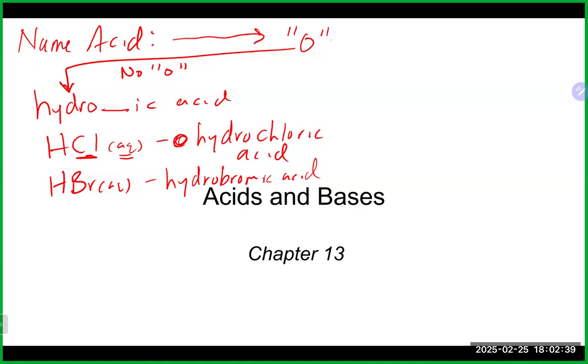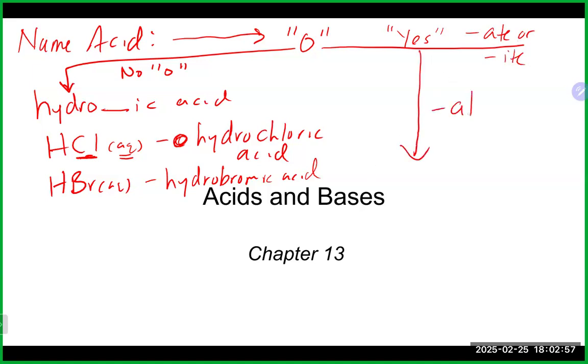Now, if your acid does have oxygen, it most likely will contain one of those polyatomic ions that everybody loves, which ends in ate or ite typically. And if your polyatomic ion ends in ate, your acid is something-ic acid.